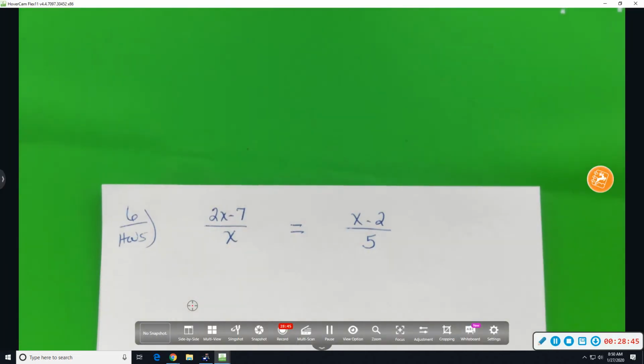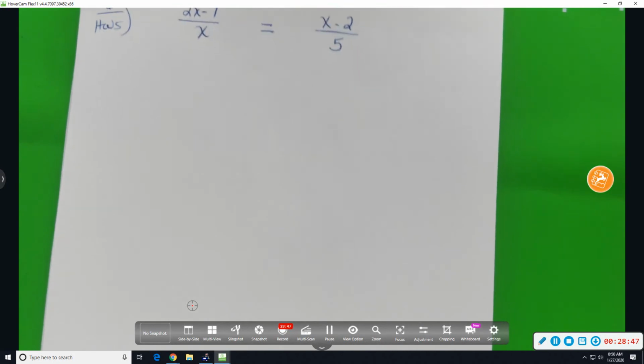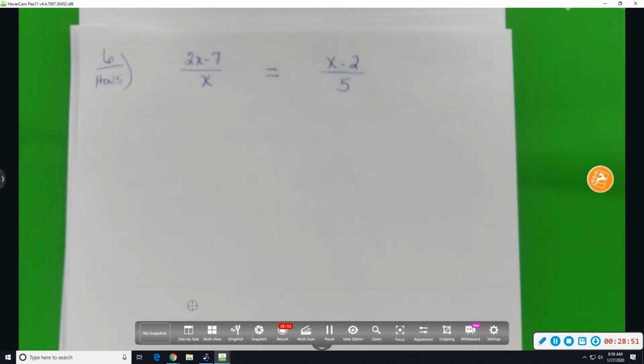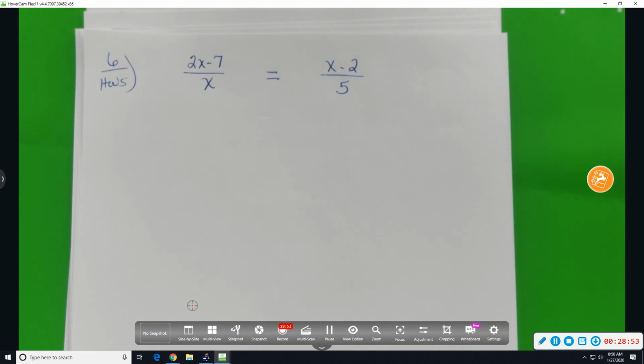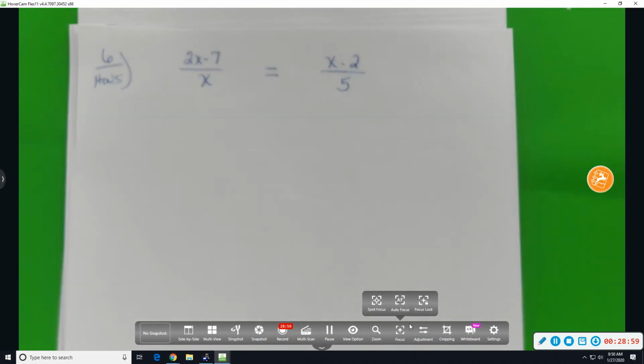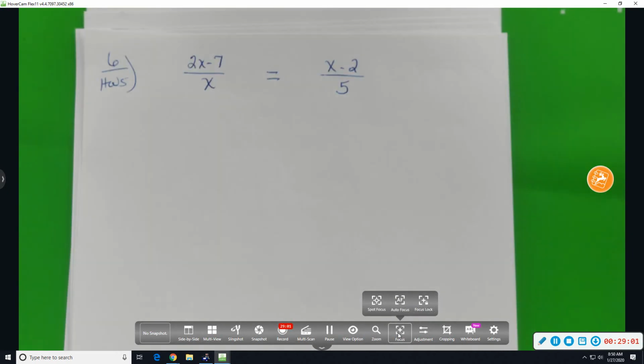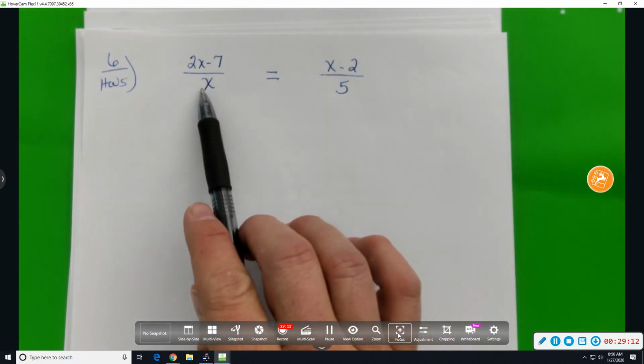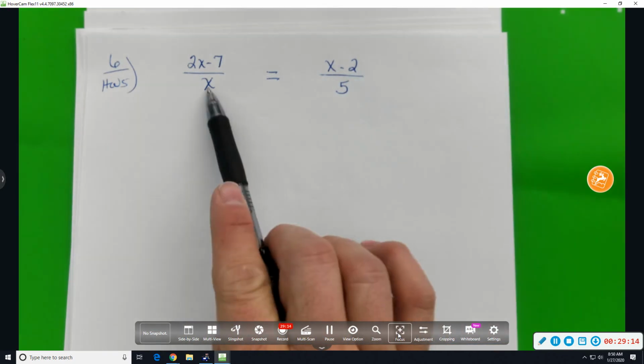Oh, let me lift it up. Okay. Well, one thing we could do to get rid of these fractions is just multiply both sides by an x. That would cancel out this one.